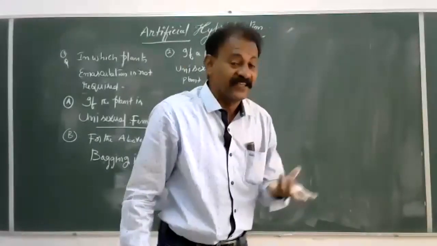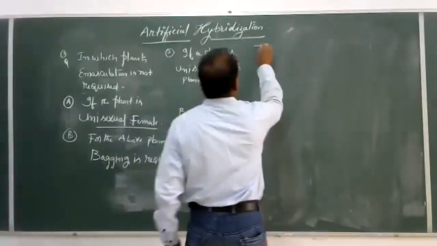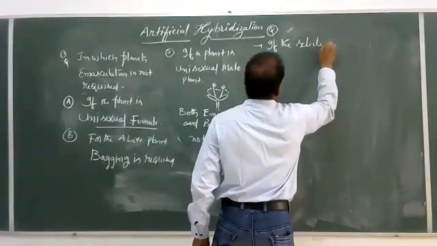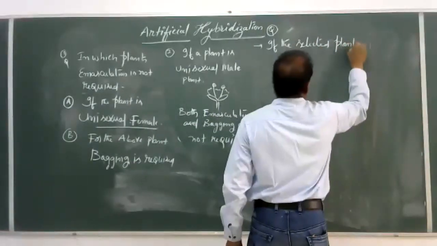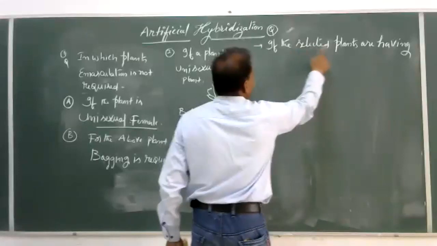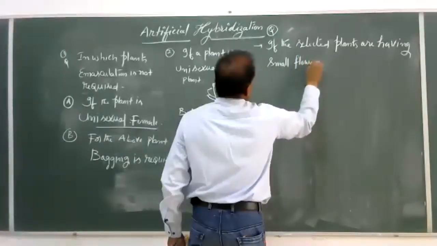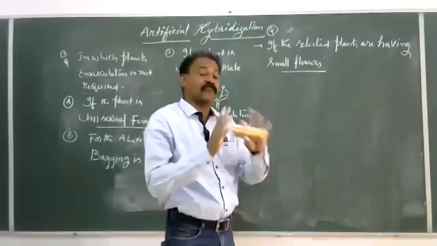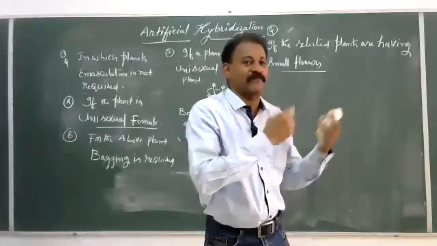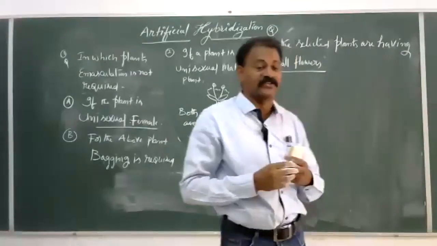For example, if the selected plants are having small flowers, in an inflorescence, compact inflorescence, small flowers like wind pollinated plants, or monocot plants, or grass family plants, if you want to do artificial hybridization or a process of emasculation, how to carry out?